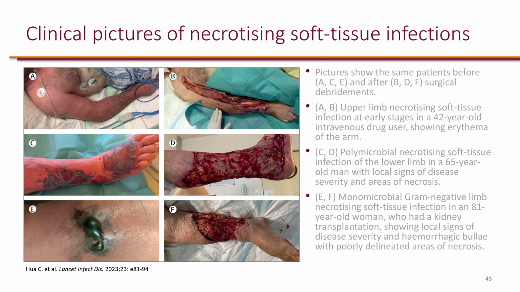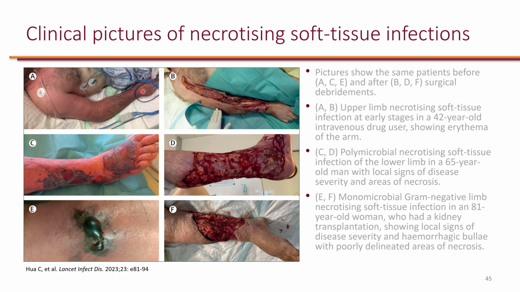So there are 3 patients here. Panel A, C, and E are 3 different patients, and they're showing you before and after surgical debridement. Although when you look at panel A, it may not seem like a serious infection, this is something that unfolds very quickly. And what's going on underneath, the necrosis, is really happening underneath.